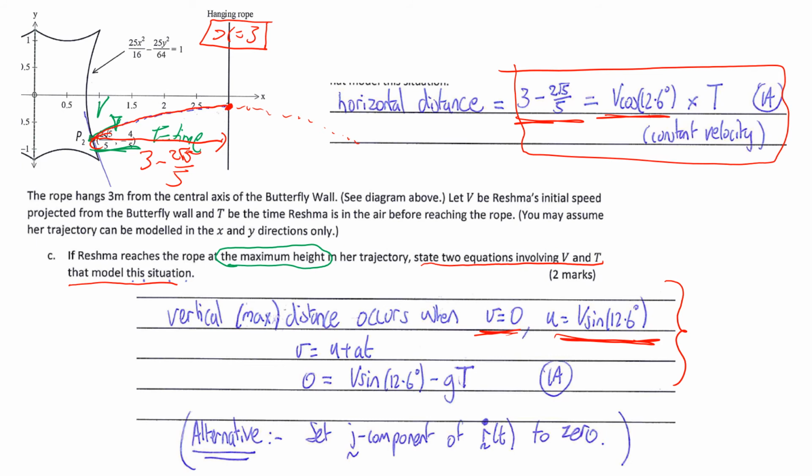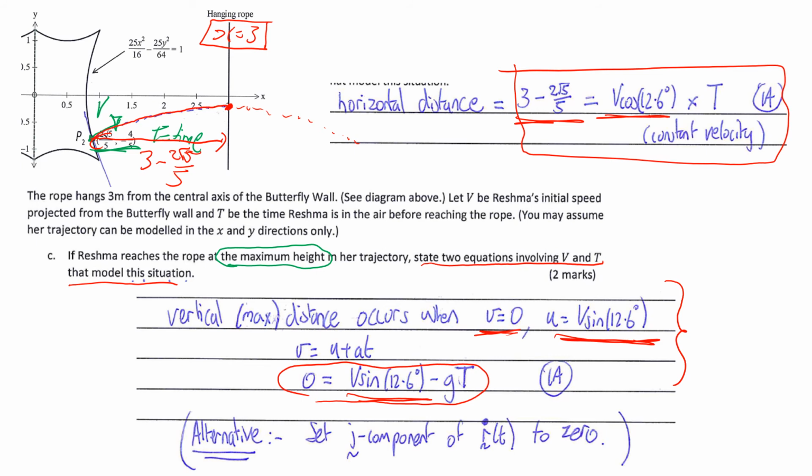So it's perfectly modeled by constant acceleration rules. V, final velocity, is 0, U is of course V sin 12.6. Acceleration is simply g working downwards in the minus direction, times T, and that's the sort of equation I was looking to find to model the changes in the vertical.